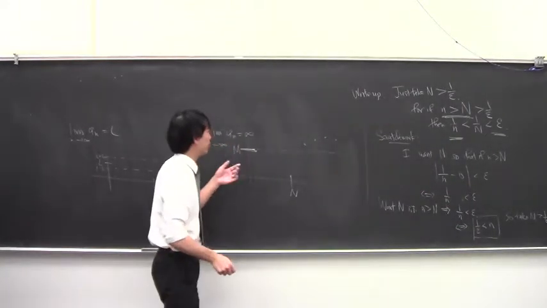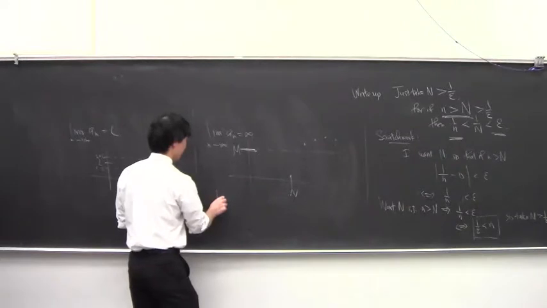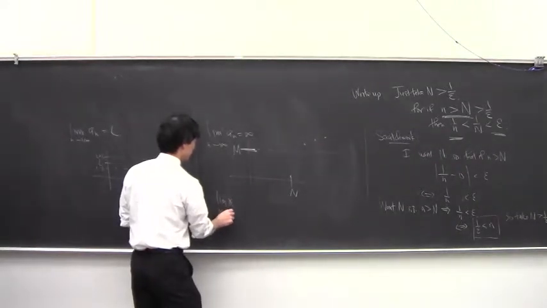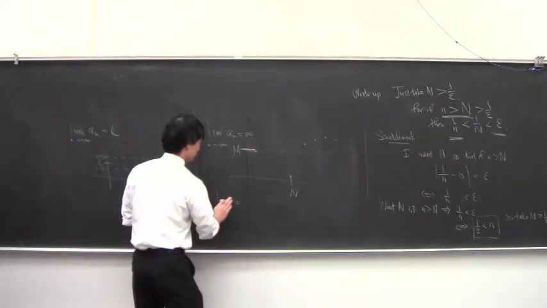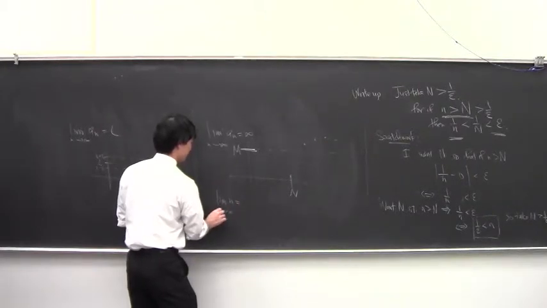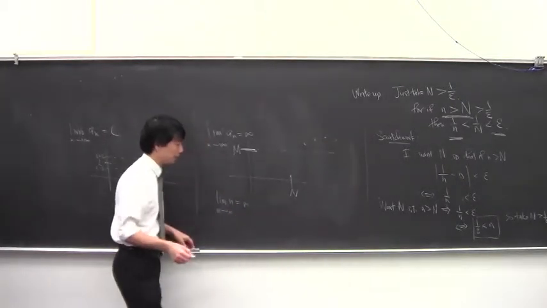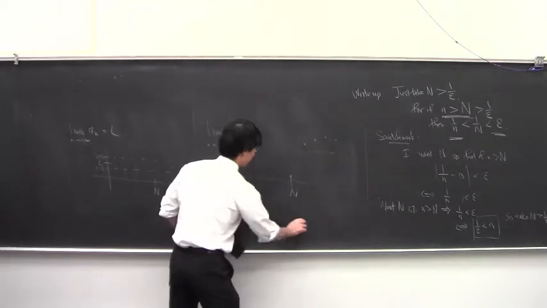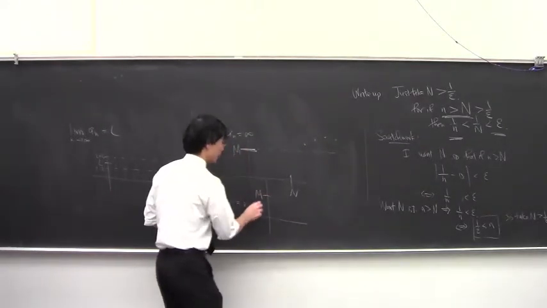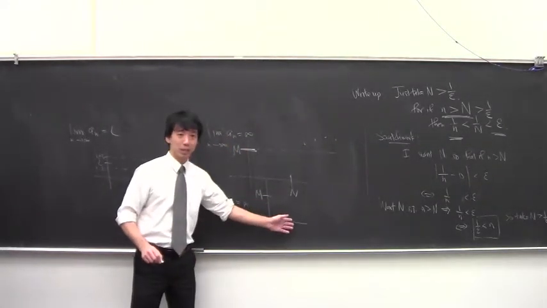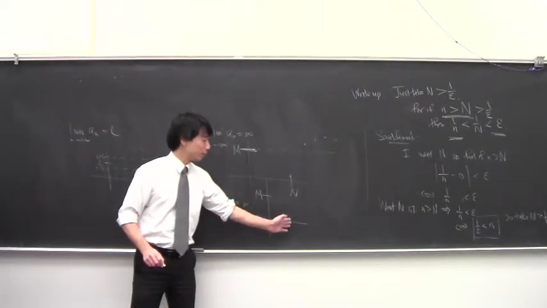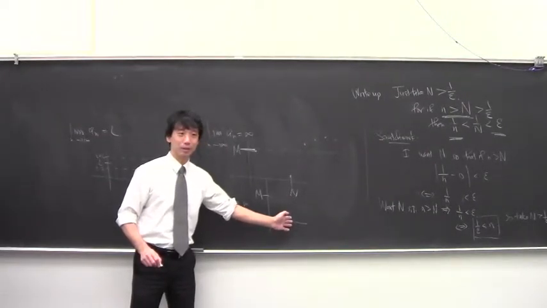So if we say show that the limit of n as n goes to infinity is infinity, well, if somebody gives me a bar of M, then where should I be? What should be my time over here?